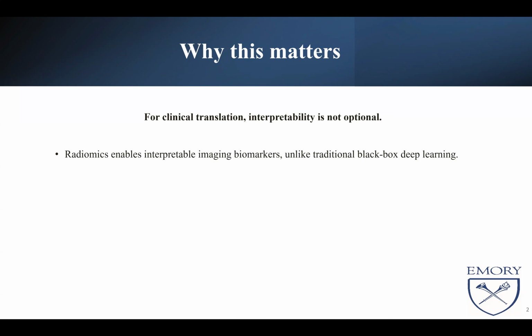The easiest way to introduce interpretability to a model is through radiomics. In radiomics, we handcraft the features we extract from the image, and then we train a conventional machine learning model to learn from these features. When I say handcrafted features, what I mean is that instead of just feeding an image to deep learning, I look at the image and ask myself what features I should extract.